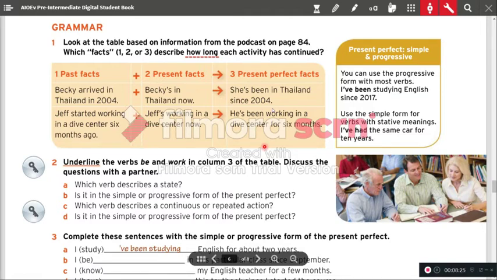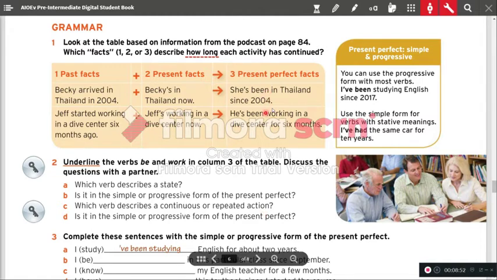Remember, the opposite of state is an action. Which verb describes a state? That's right, being. Then, is it the simple or progressive form of the present perfect? Over here is the simple form. Very good. Then, which verb describes a continuous or repeated action?